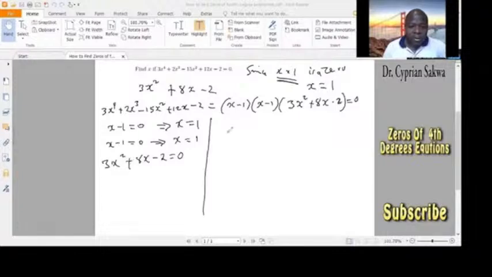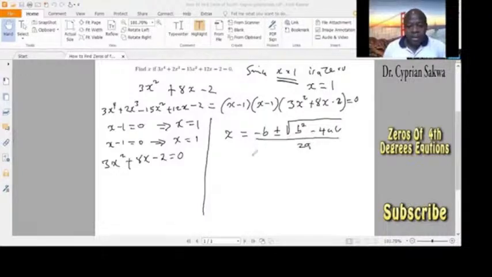So x using the quadratic formula will be equal to negative b plus or minus the square root of b squared minus 4ac, over 2a.